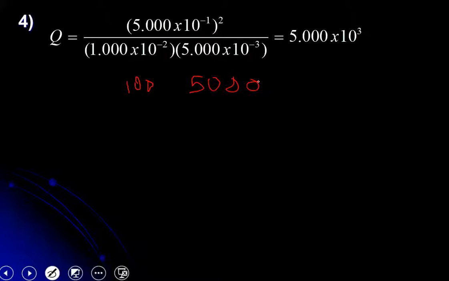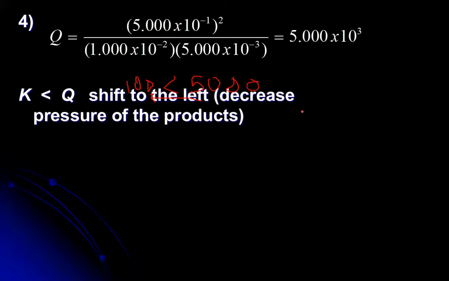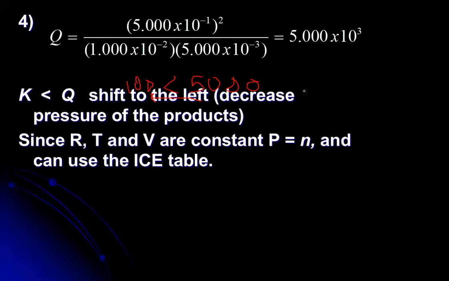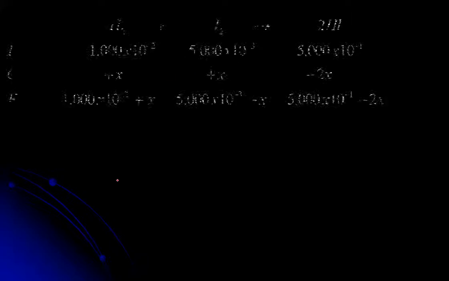So our sign comparing these numbers is a less than sign, K less than Q. So what that means is our direction of shift now is going to be to the right. So we are going to make reactants and consume products, which is different, which is good for you to see. All right, so our products are going to decrease in pressure and our reactants are going to increase in pressure. So we're going to use our icebox here.